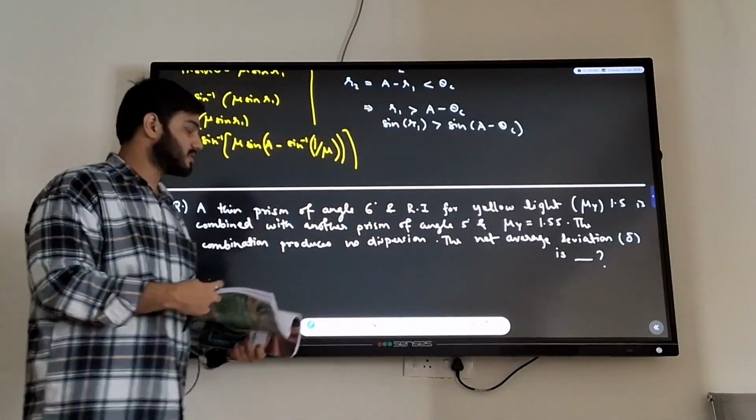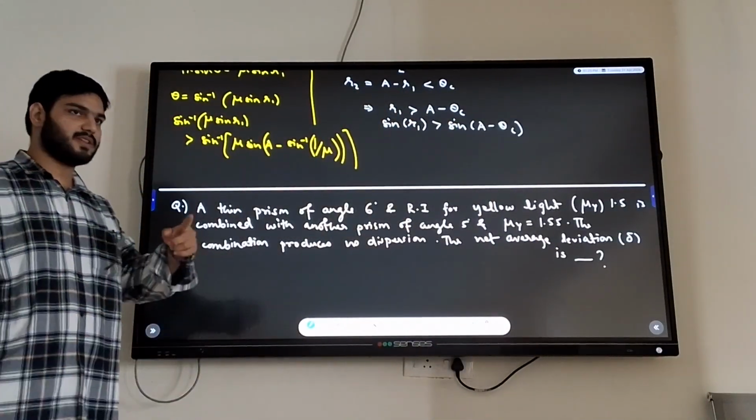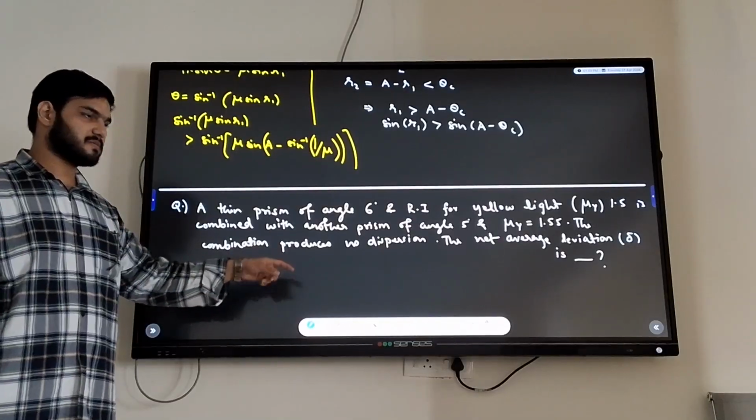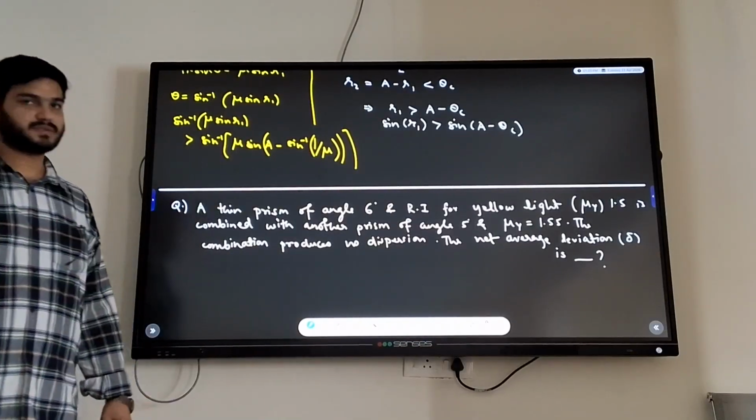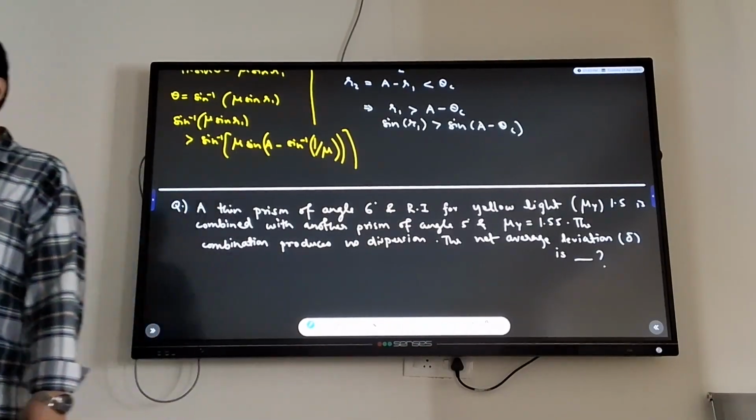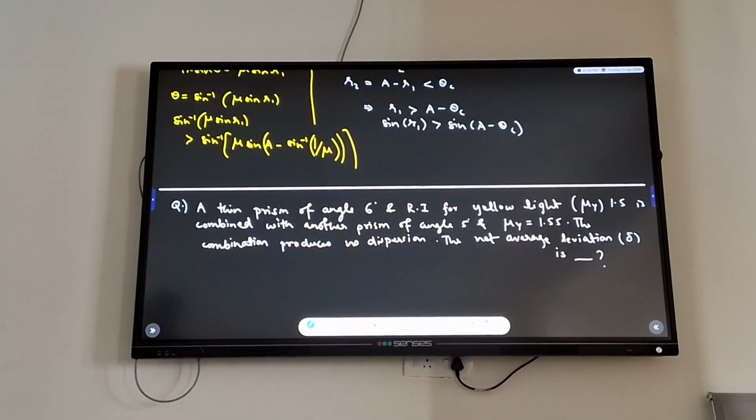I think the question is basically talking about the point that you raised. We have two prisms, it produces no dispersion. So I have to maybe give the diagrams as well.